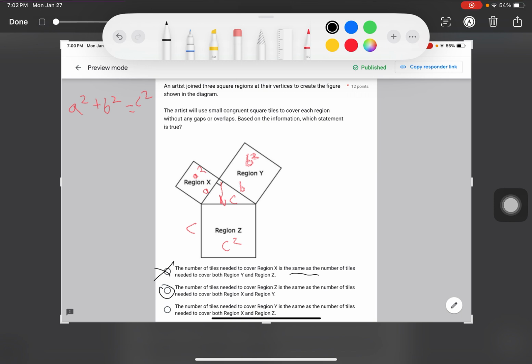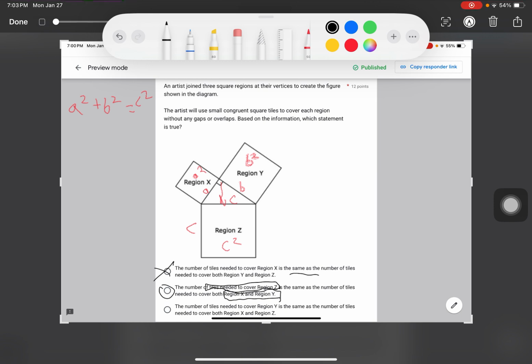The second one says the area needed to cover region Z is the same as that needed to cover both region X and region Y. Even if you just use common sense, it makes the most sense for the two smaller ones to add up to equal the bigger one.